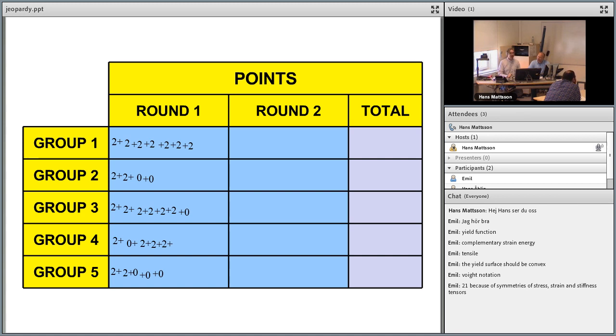It will be quite much speed in round 2. And we see here that group 1 has 14 points, group 2 4 points, group 3 12 points, group 4 8 points, and group 5 4 points.